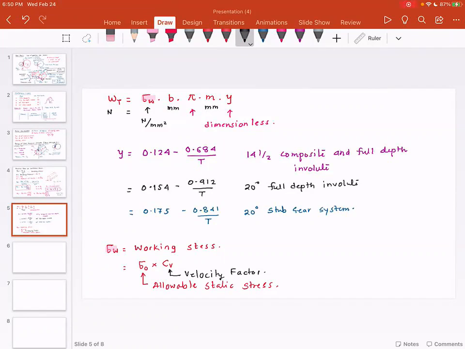And the velocity factor Cv is given by an equation. You don't have to remember these equations. These equations are given in the design data book.